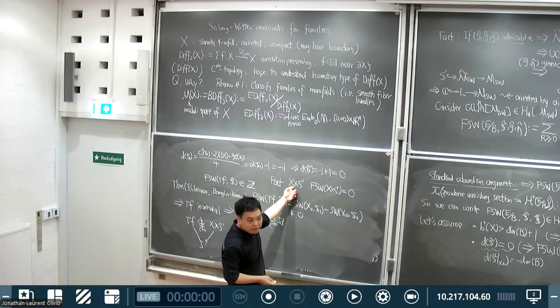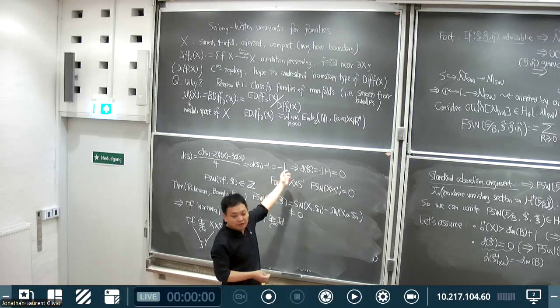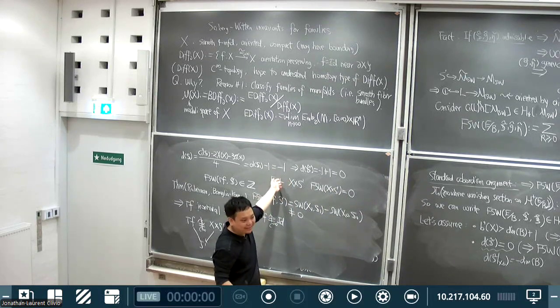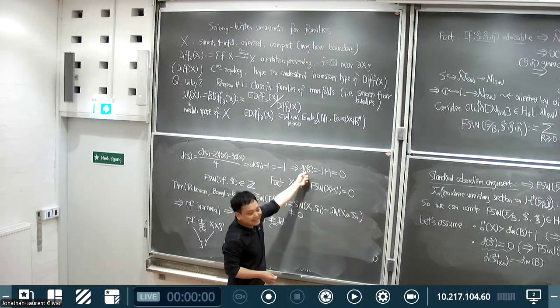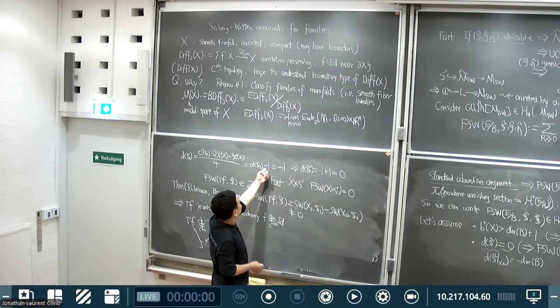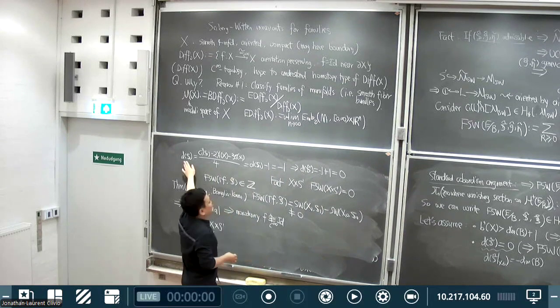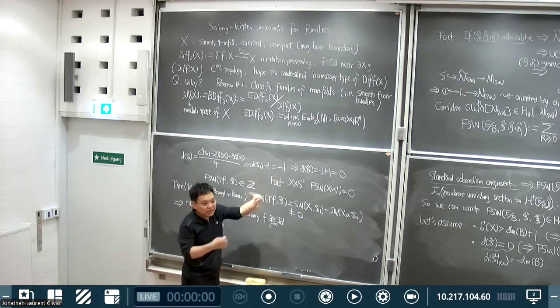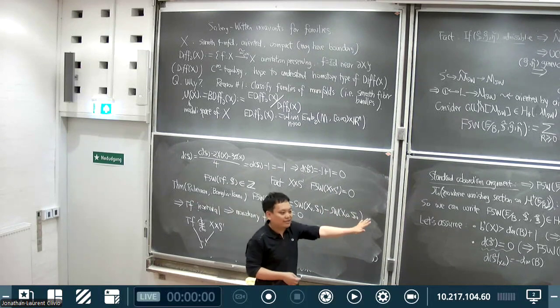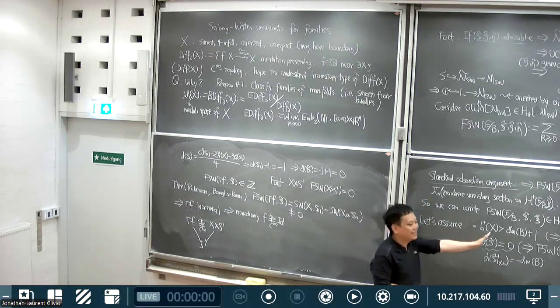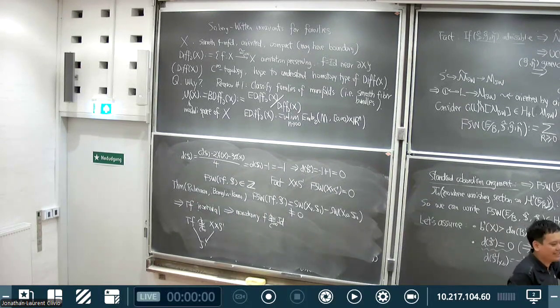Because for a trivial family, you can just pick a constant family of metric and perturbation. And because the expected dimension is -1, for a generic family perturbation its moduli space is just empty. Since you can pick this constant family, you just get an empty moduli space. So the Seiberg-Witten invariant is 0.